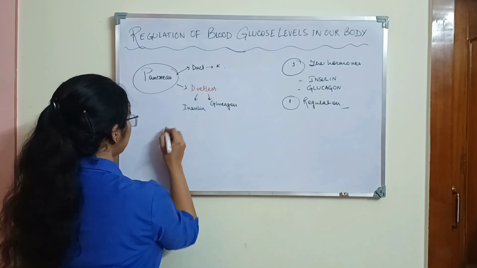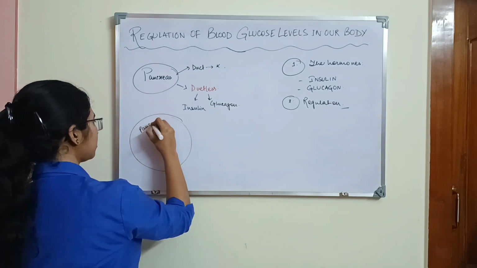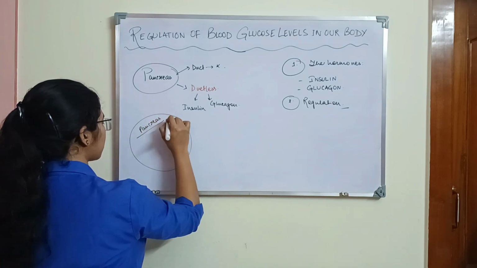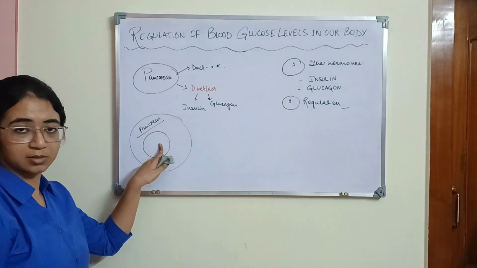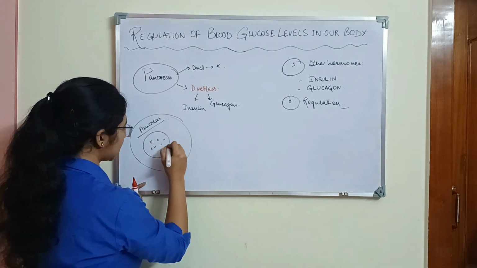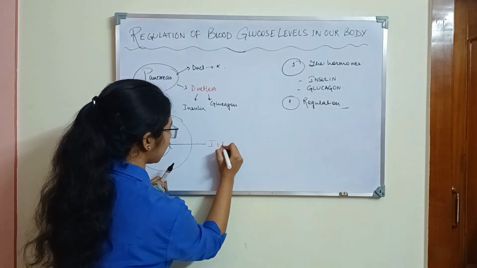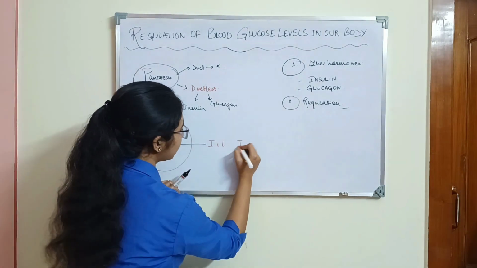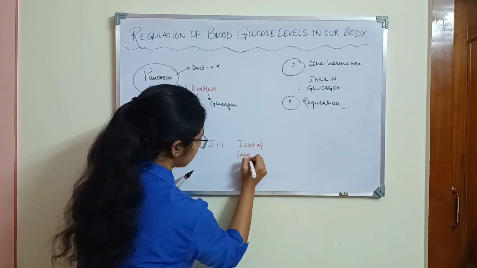Okay. So, we know this is a pancreas. We must have all come across in our textbooks that there is a specialized group of cells in pancreas, known as the islets of Langerhans.